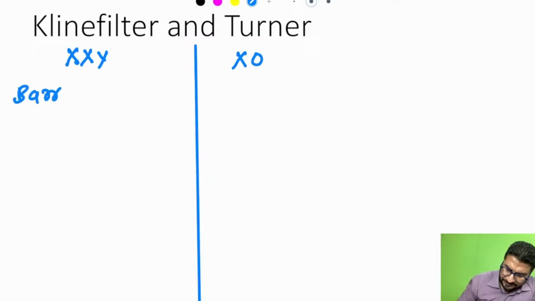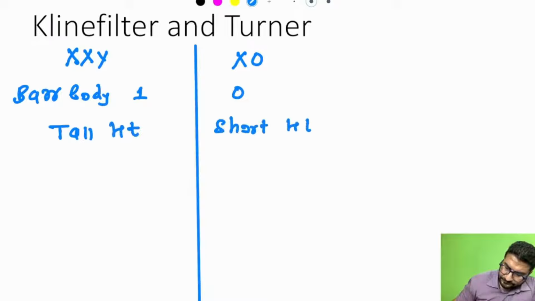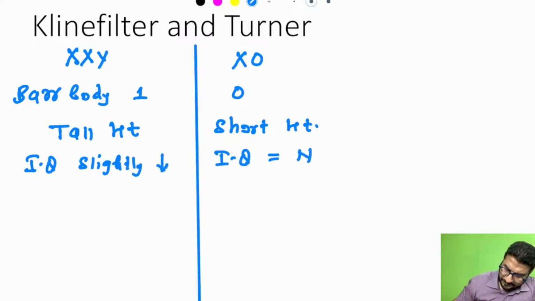If you ask me, Barr body is 1 here. Here Barr body will be 0. Height in Klinefelter will be tall. Height in Turner will be short. IQ in Klinefelter is slightly low. IQ in Turner will be normal.